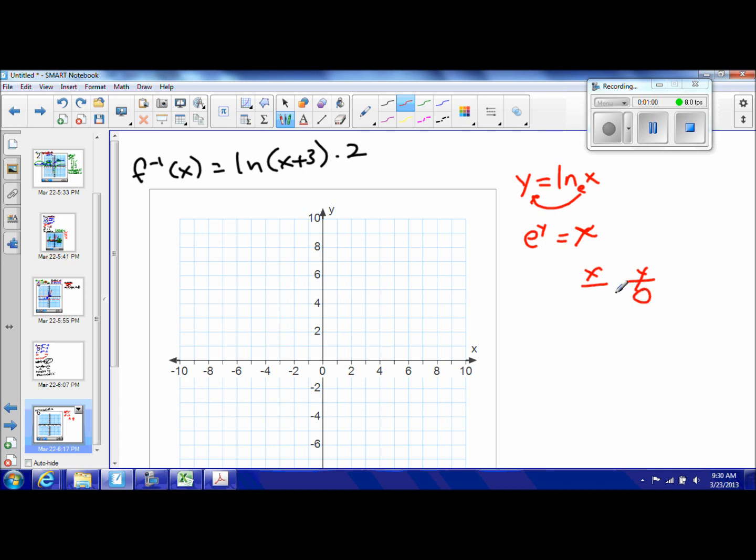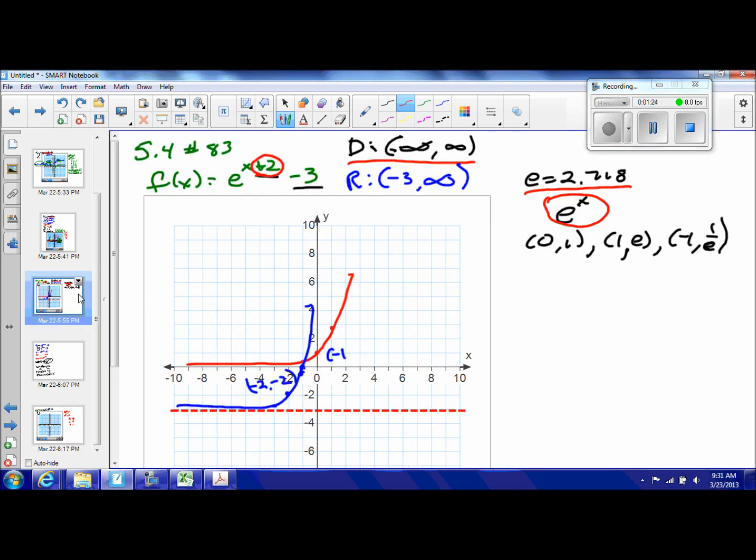When y is 0, x is 1. When y is negative 1, x is 1 over e. And when y is 1, x is e. You can see that those are the inverse of the points that we had in our original function right here, 0, 1, 1, e, and negative 1, 1 over e.